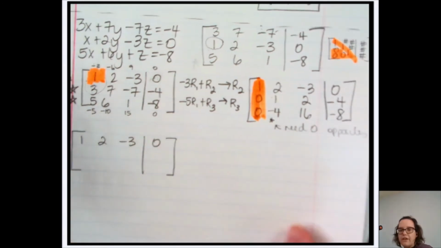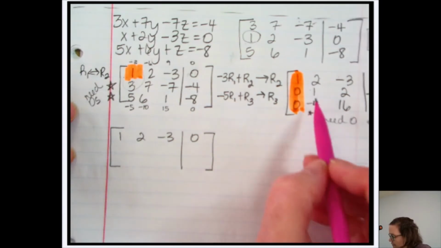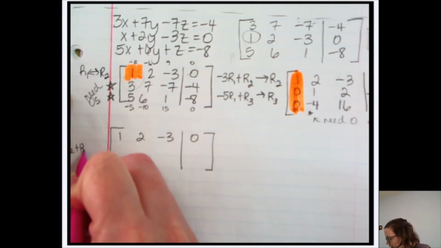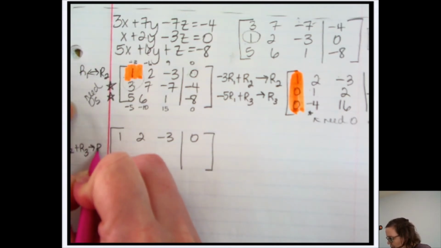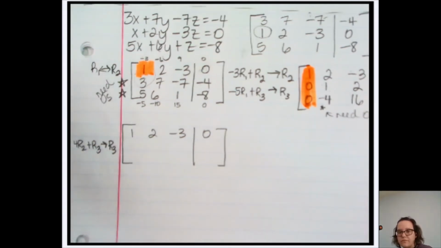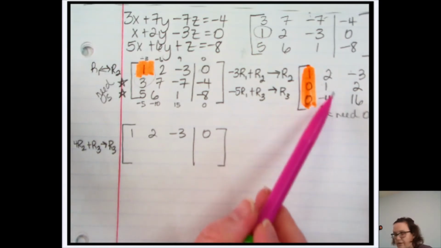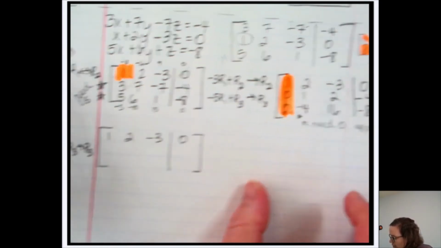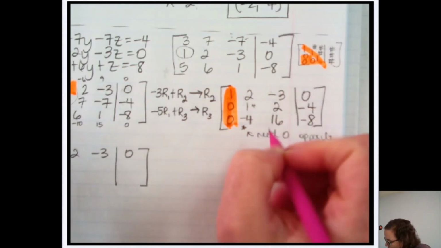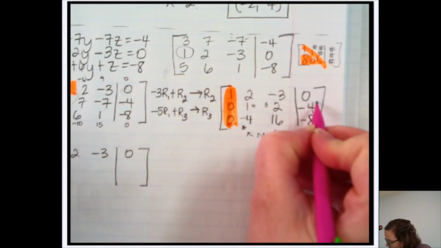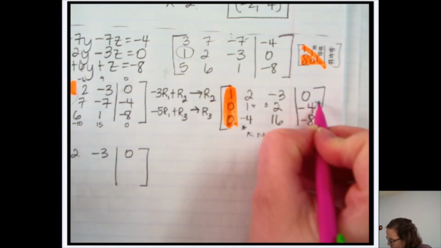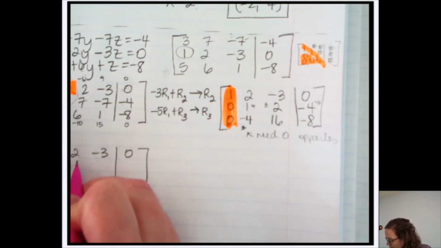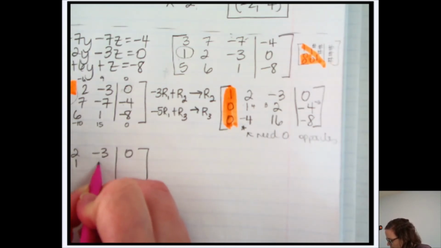Okay. So we want to take 4 times row 2 and add it to row 3, and then replace row 3, because we want opposites here. Okay, so 4 times row 2. So that gives me 4 and 8 and what, negative 16? Okay, so if I put those together, and I do not want to mess up row 2.